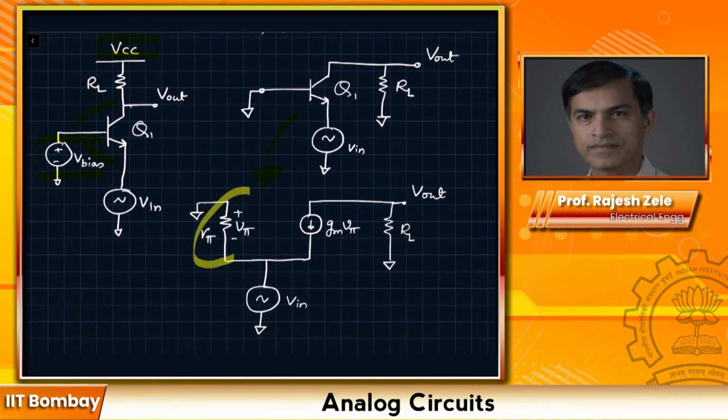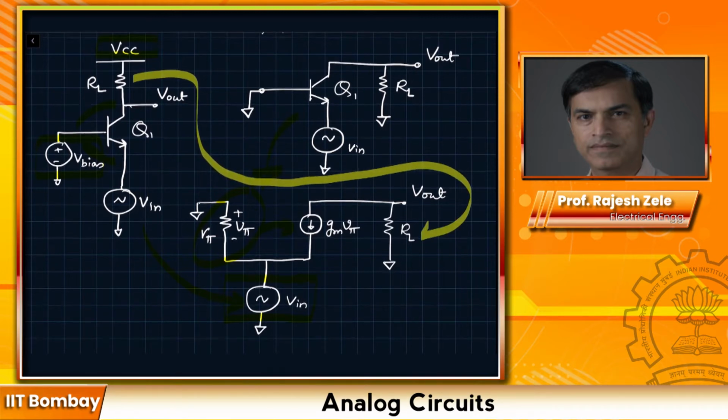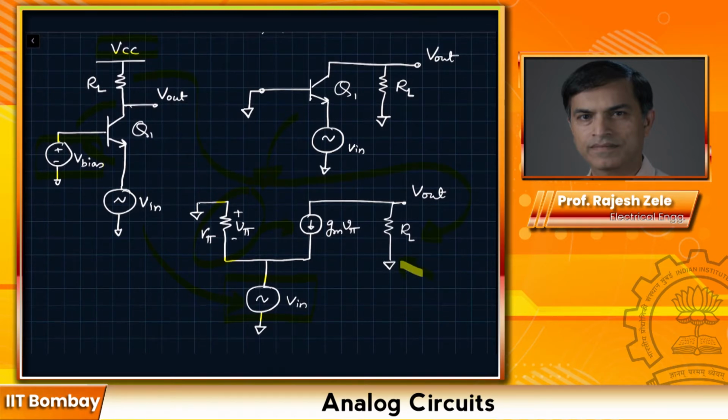So this is the base input resistance, R pi, and there is a V pi potential developed across that resistance, which will give us gm V pi from collector to emitter. We are applying the AC voltage source Vin right here, and the load resistor RL, which was over here, is shown over here, and this ground is representing our VCC because we are doing AC analysis.